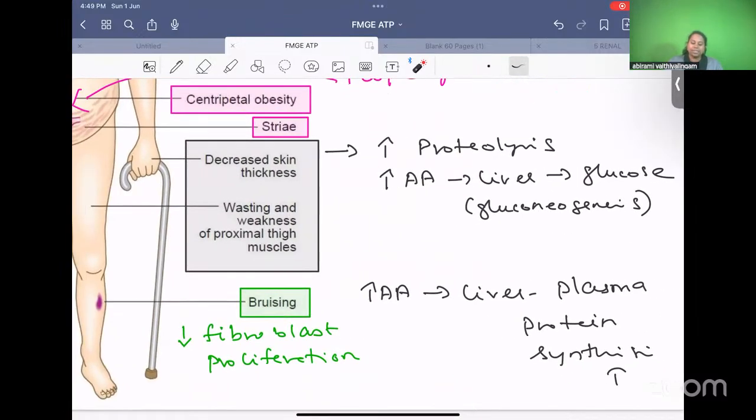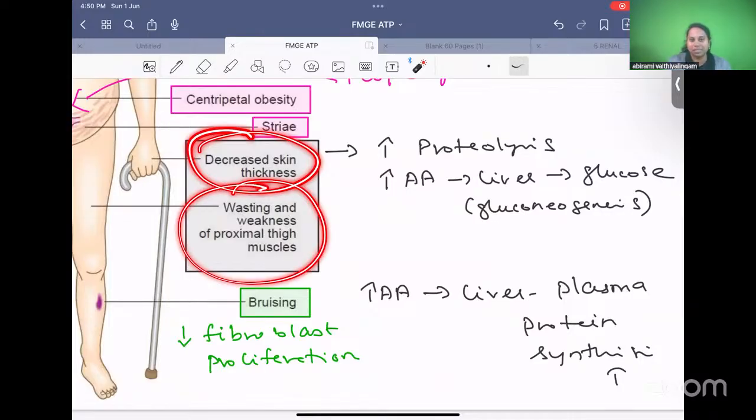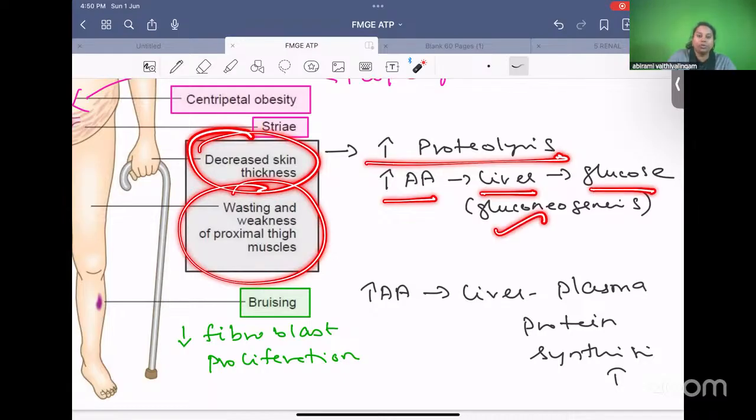Cushing syndrome patients have decreased skin thickness and wasting of proximal muscles, because the effect of cortisol is it increases proteolysis. Proteolysis means muscle proteins are broken down. Muscle proteins, especially in the hands and legs, are broken down to release amino acids. These amino acids enter the liver and are converted into glucose. This is called gluconeogenesis.